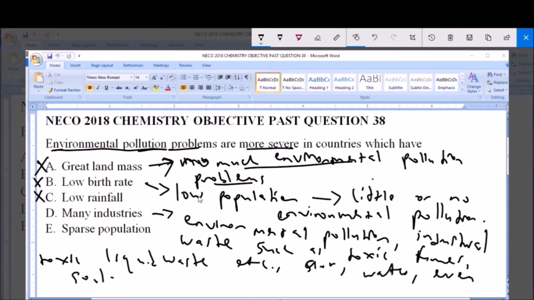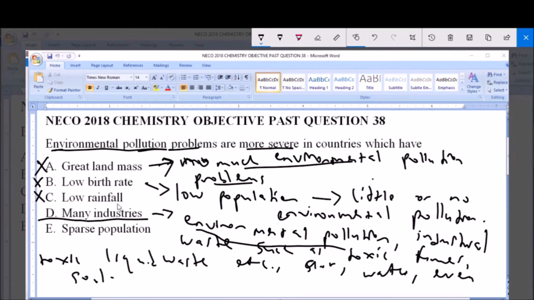So the more you have industries in a particular region, the more cases of environmental pollution you are likely to have due to all these industrial wastes. So option D, many industries, is the answer to this question. In a country where you have many industries, you are more likely to have more environmental pollution problems.